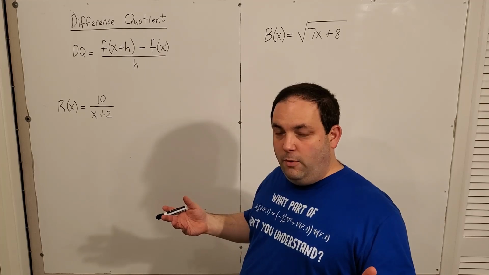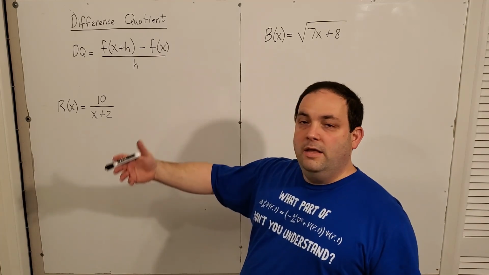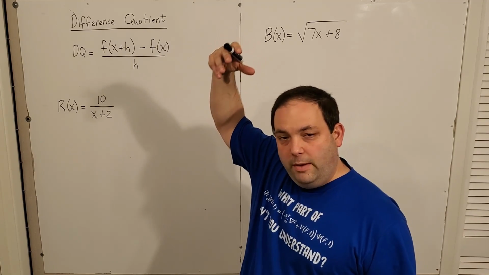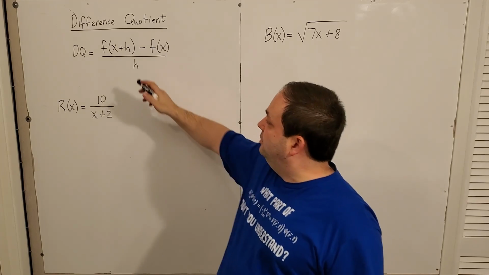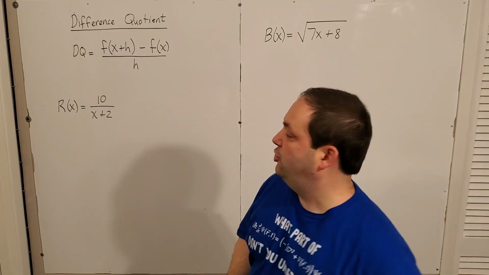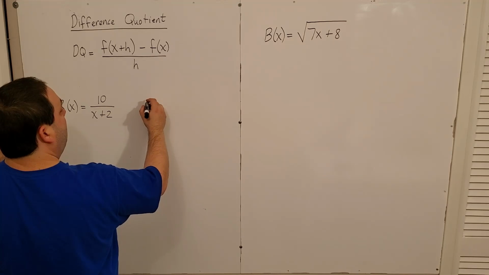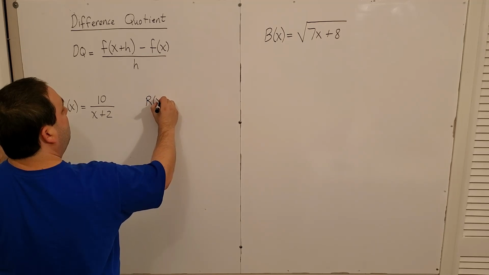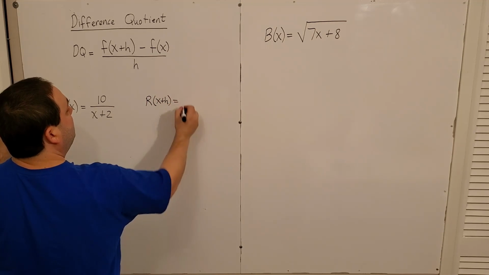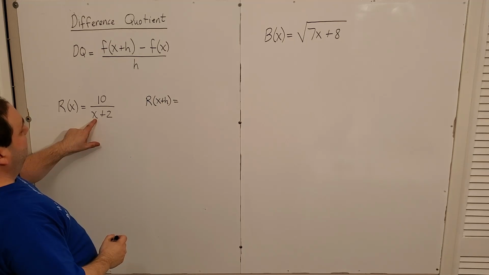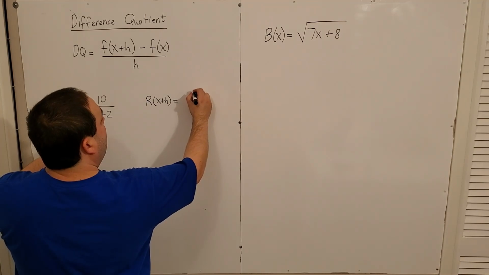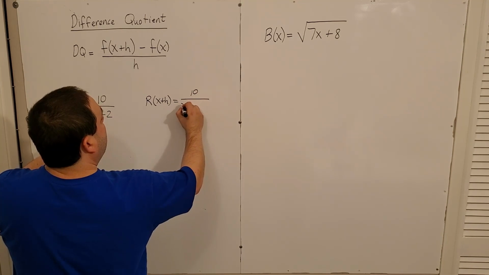Same process as before. I start by finding the function if I plug in x plus h, right? That's how you always want to start these. So in this case, I'll have r of x plus h. And really, it's just right here, instead of x, I've got x plus h.